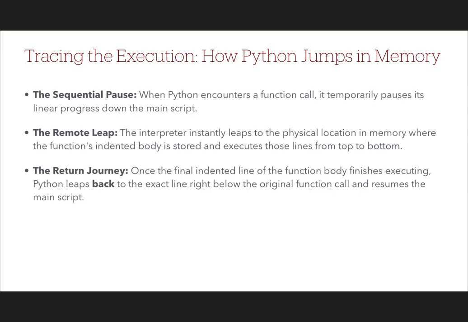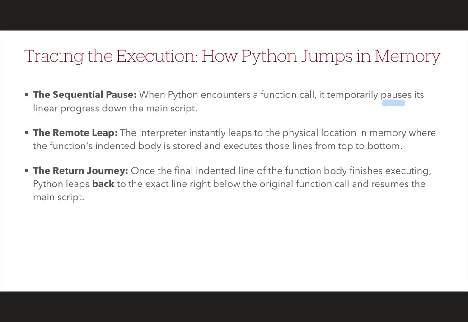So when Python encounters a function call, Python will pause for a second, and then it goes inside the function. It goes to the definition of a function, and then checks the indented statements one by one, from the top to the bottom.